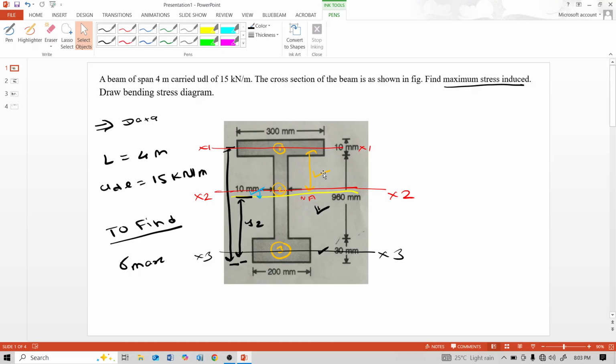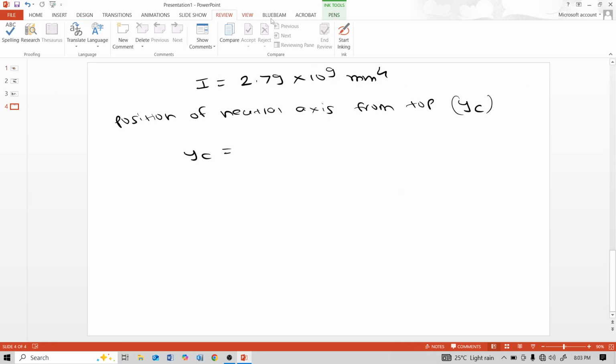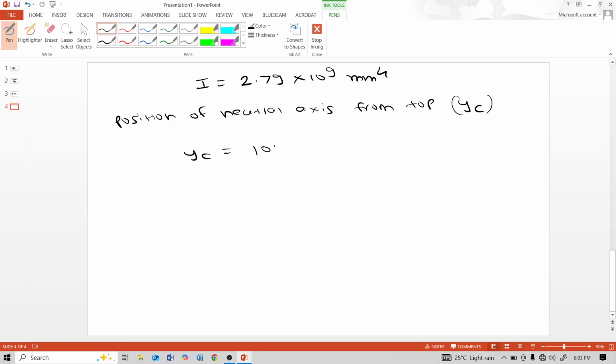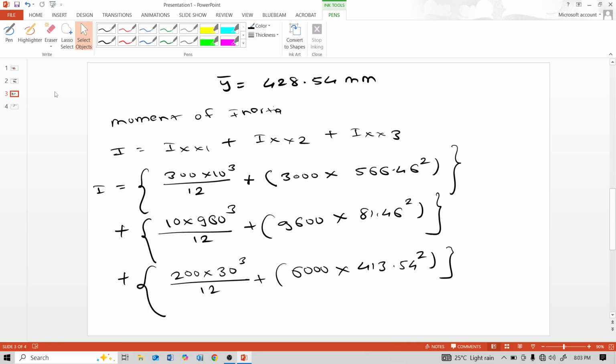total depth of this I cross section is 30 plus 960 plus 10, that means 1000, and minus YT. 1000 minus this YT. This Y bar is 428.54 from bottom tensile fiber, that means you may also call it YT or Y bar.